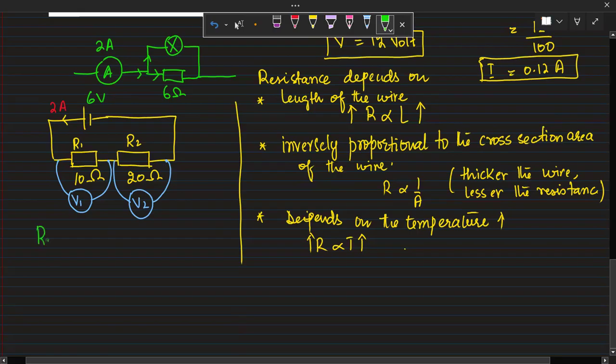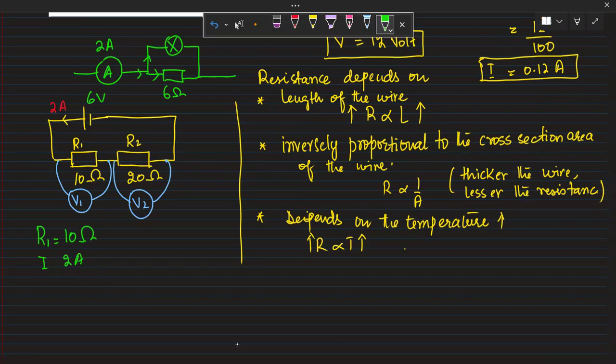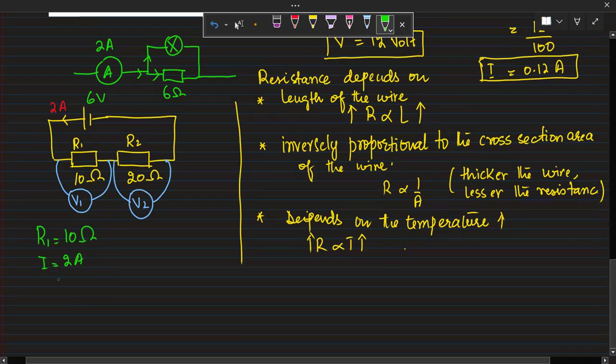So we know the resistance is 10 ohm. We know the total current, which is going to be 2 ampere, right? We know the total current that is flowing through each resistor. We just need to find out V1. So V1 equals I R1. Why am I not putting I1?